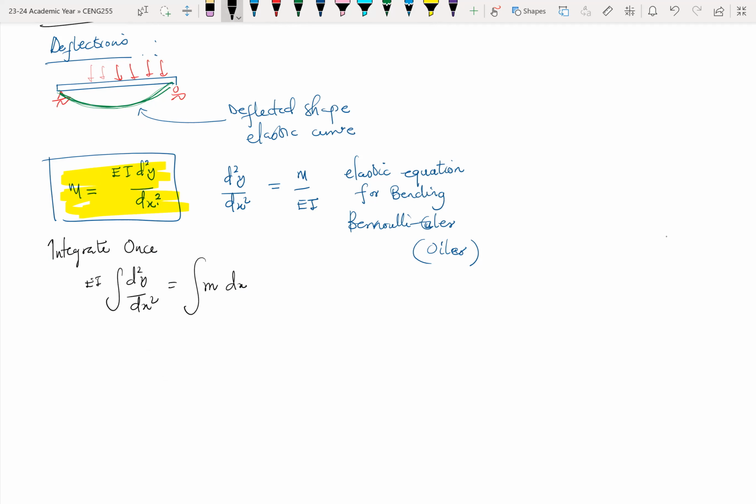All right. And then definitely, if you're integrating where you don't have limits to your integration, that means that there will be a constant. All right. So this would reduce to EI dy/dx. Okay. And dy/dx is simply the slope.